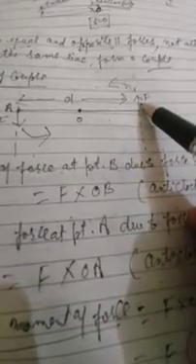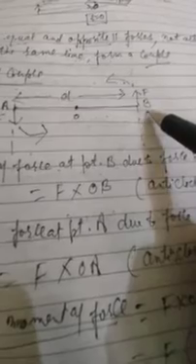So F is the magnitude of the force applied, and OB is the perpendicular distance from the pivoted point. Likewise, the moment of force at point A due to force F, which is acting downward, will also move the bar in an anti-clockwise direction.